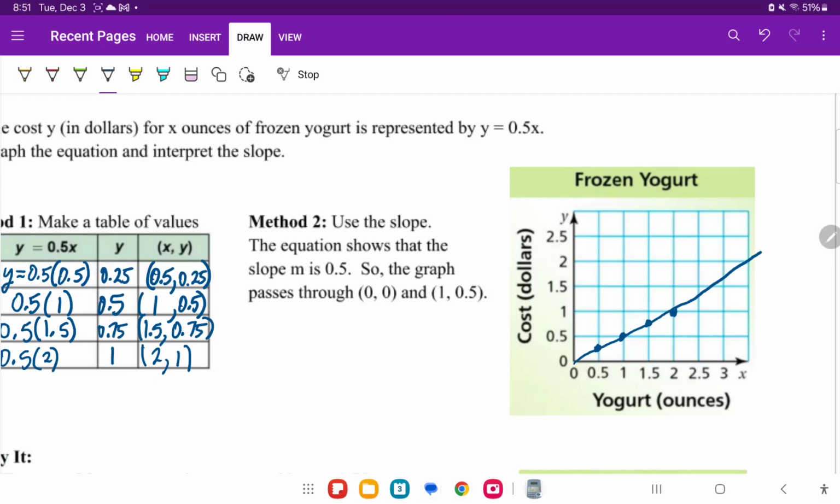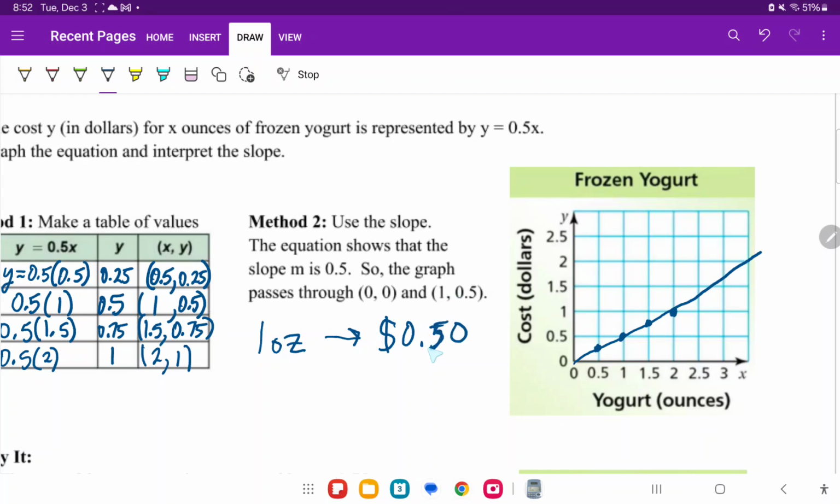As we look at this, what this means is that for each ounce, it costs basically 50 cents, right? 0.5. So how much does 1 ounce of yogurt cost? Go up to the cost. 50 cents. Yep, 50 cents.